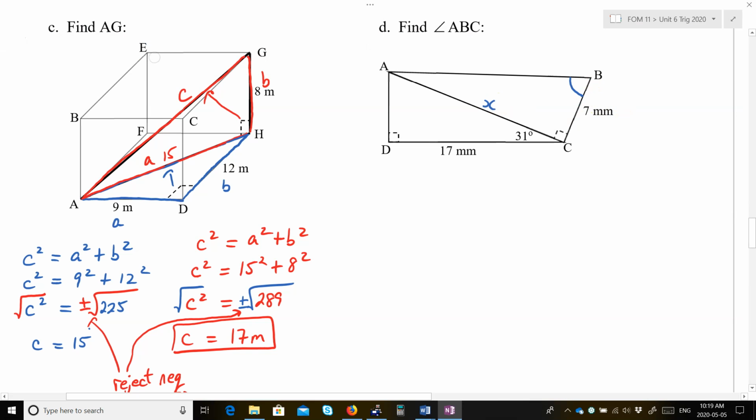Okay, so in the first triangle, there's the angle that we have. So this is the opposite. The x is the hypotenuse. And this is the adjacent. Okay, so which ratio deals with adjacent and hypotenuse? That would be cos.